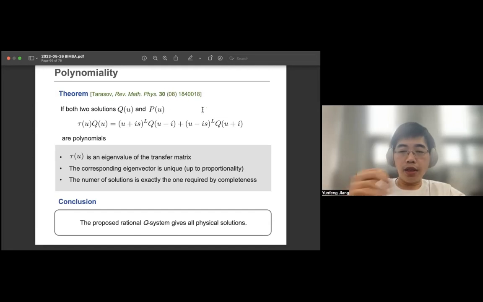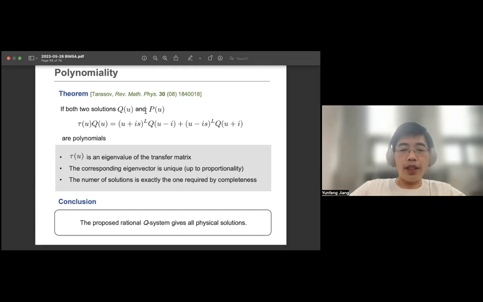Actually in this paper, only the result is given. He gave the statement of the theorem, but said the details of the proof will appear somewhere else, which we didn't find yet.